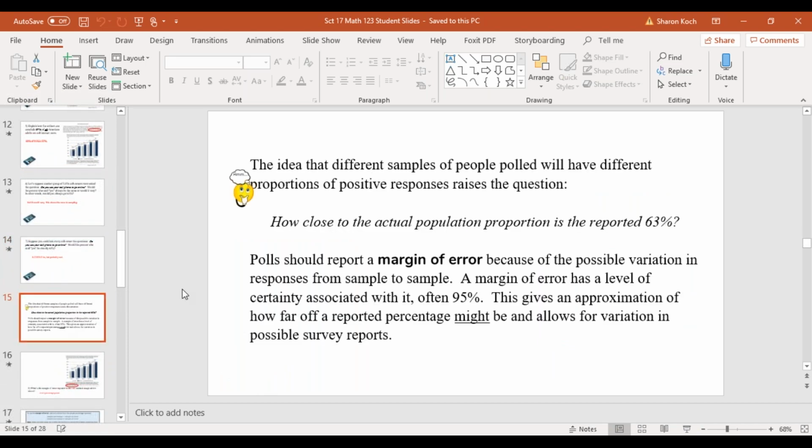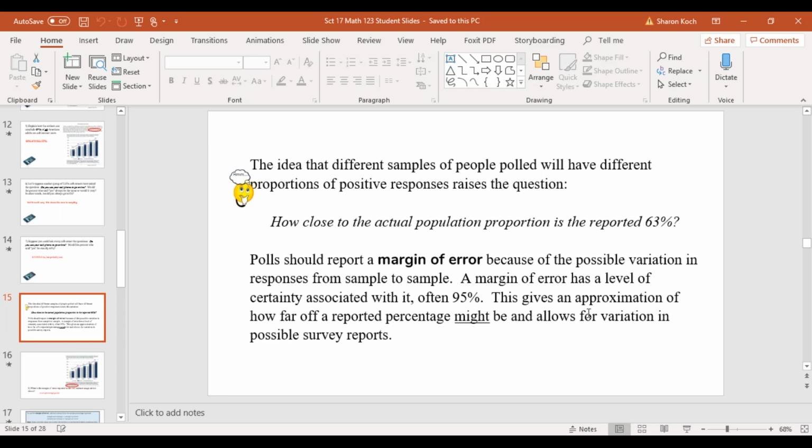Because of the possible variations in responses from sample to sample, a margin of error is always going to be associated, and we always refer to a margin of error as being 95% accurate, because a margin of error can't be 100% accurate.